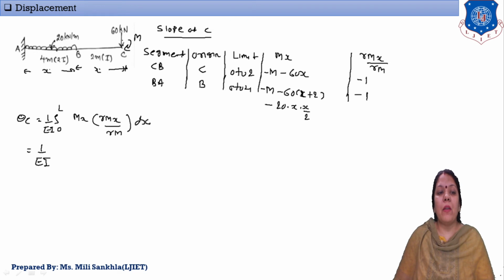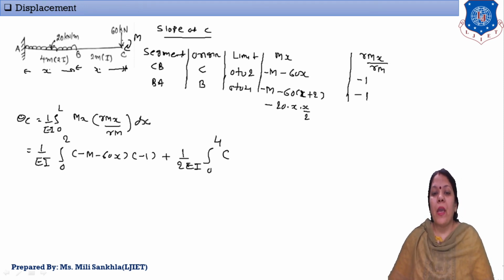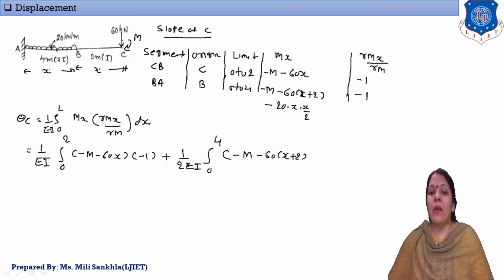My first segment, limit of 0 to 2, and Mx is given minus m, 60 minus m, here minus 1, clear, plus second, 1 by 2EI, segment AB moment of inertia is 2I, then limit of 0 to 4, and equation is minus m, then second equation minus 60 x plus 2, and here minus 10x square, okay, complete these two brackets, and minus 1 and dx.